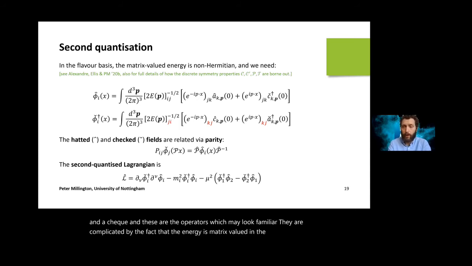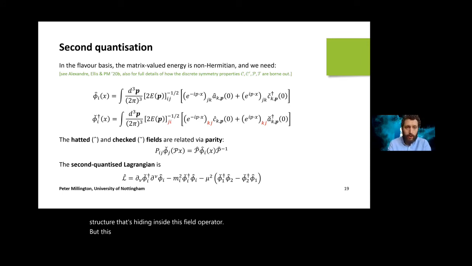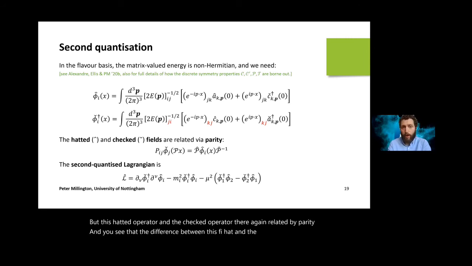It has off-diagonal elements, which means we need this full flavour structure hiding inside this field operator. But this hatted operator and the checked operator are again related by parity. The difference between phi hat and phi check is that one depends on the energy and one depends on the transpose of that energy matrix.